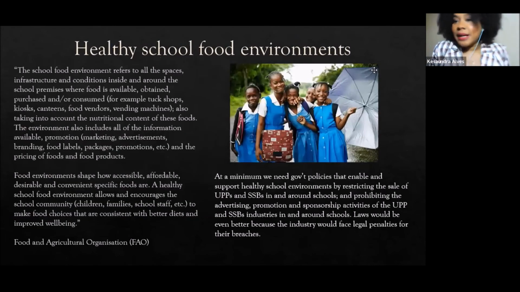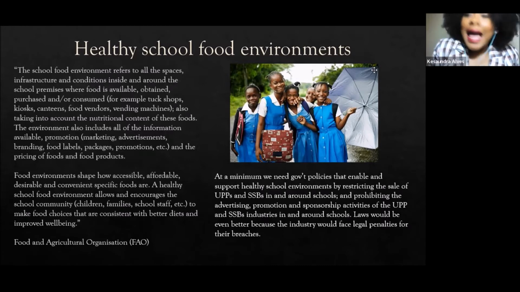The other one is the healthy school food environment, which I think you understand. So what is the school food environment? The FAO defines that as the spaces, infrastructure, and conditions inside and around school premises where food is available, obtained, purchased, and or consumed. So it could be the tuck shops, the kiosks, canteens, the food vendors, vending machines, also taking into account the nutritional content of these foods.